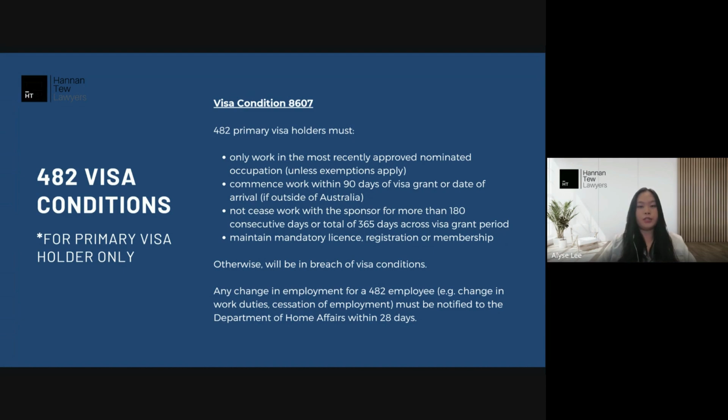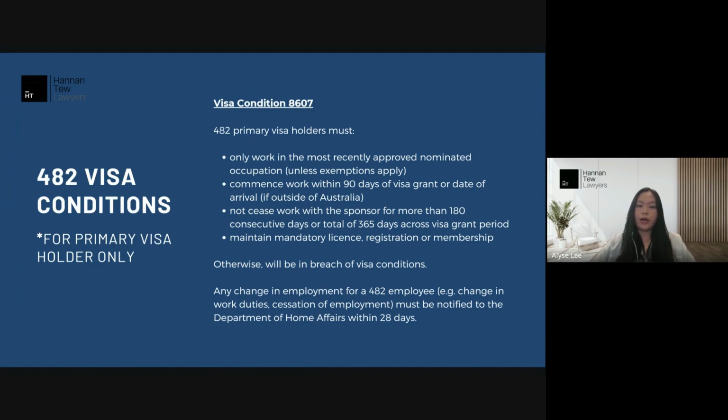An exemption, for example, would be for certain medical occupations where they can work for different employers at the same time. If there are any changes to their role and it continues to align to the same nominated occupation, then it must be notified to the Department of Home Affairs before they begin in the new role.